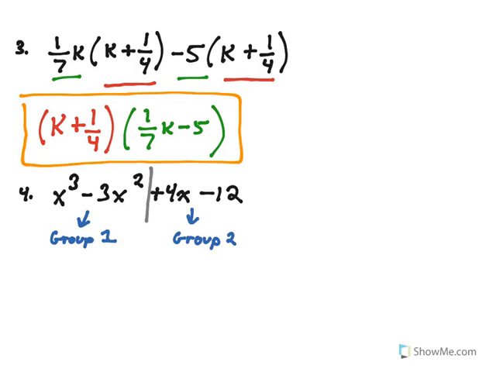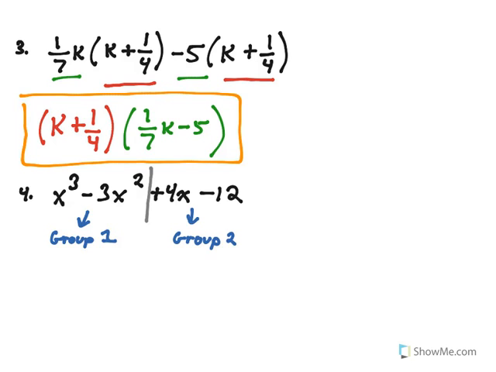Here's what we do. We look at what's common in both sides. Here on the left of this bar that I made is x cubed minus 3x squared. Numerically, we can't factor anything out. There's nothing in common.